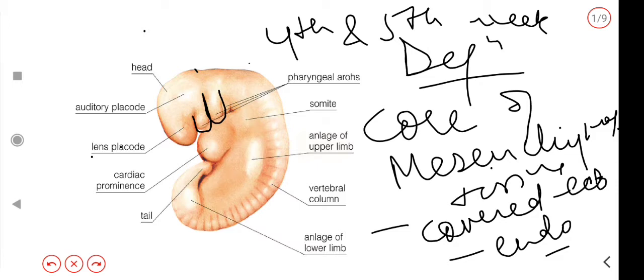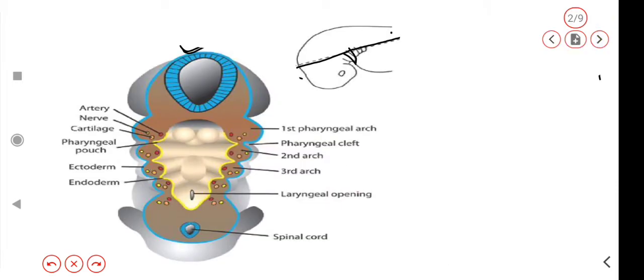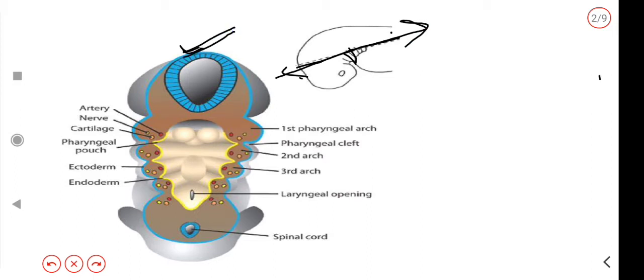Now, if we cut the embryo through this, the cut section, please find this.